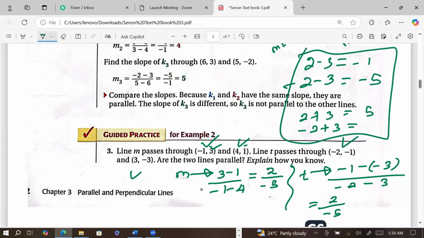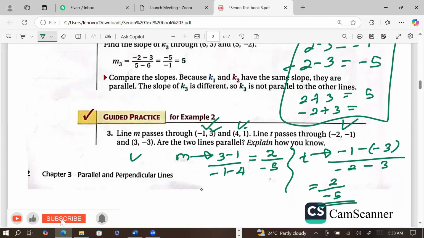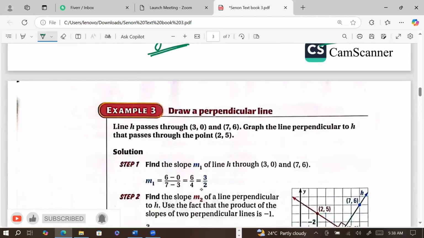So are the two lines parallel? Yes. Slopes are equal.